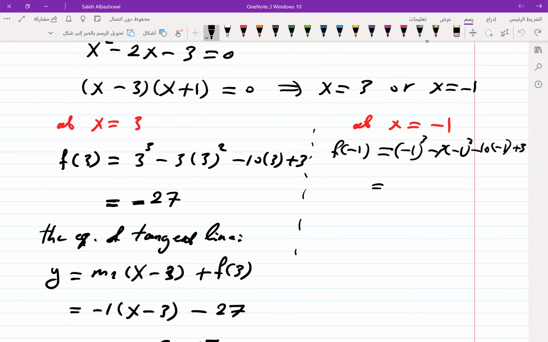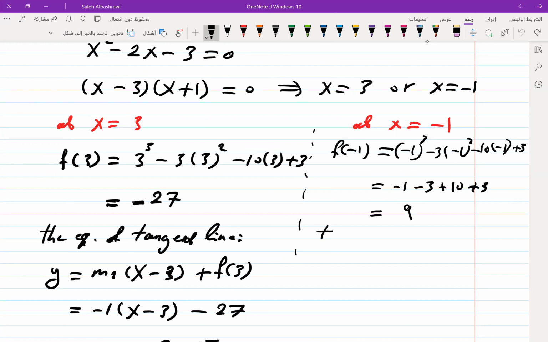Which is equal to minus 1 minus 3 plus 10 plus 3, and that will give me 9.